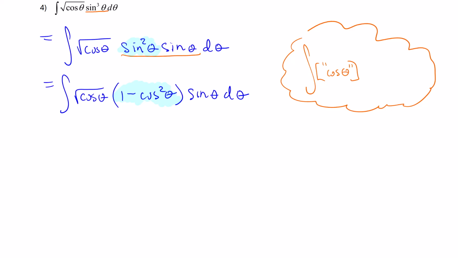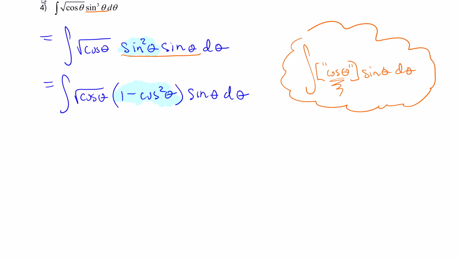If you have some kind of cosine factor or portion of this integrand, and then after it, in a later factor of this integrand, you have a sine theta d theta, then you are ready to use a u substitution, because then you know that if you let u equal cosine theta, then du is going to be sine theta d theta, which is also in your integrand, and you're good to go.